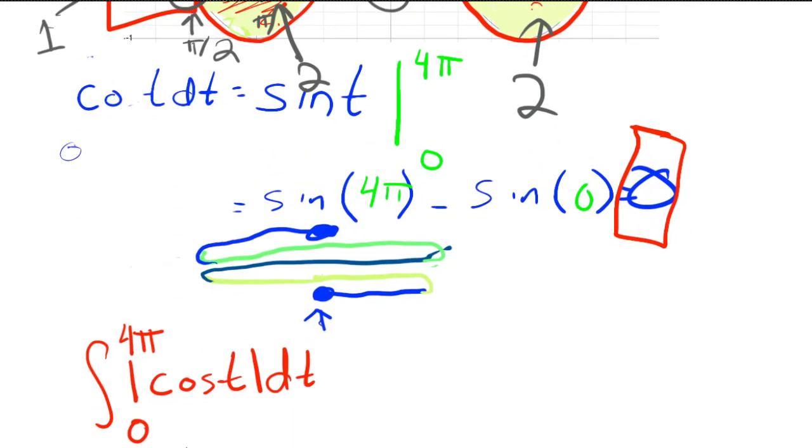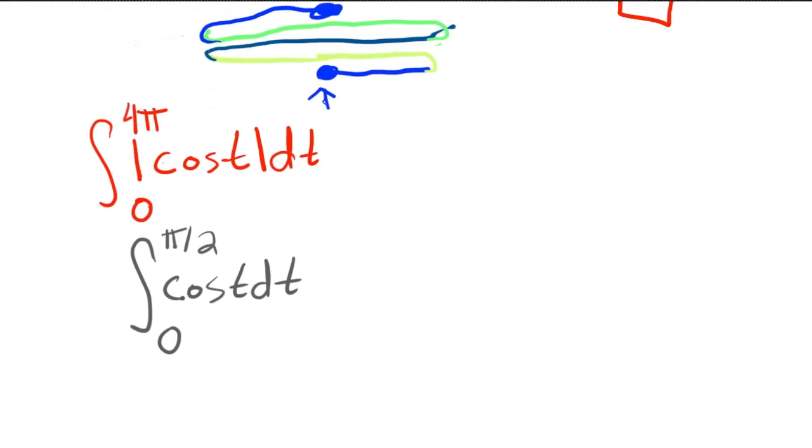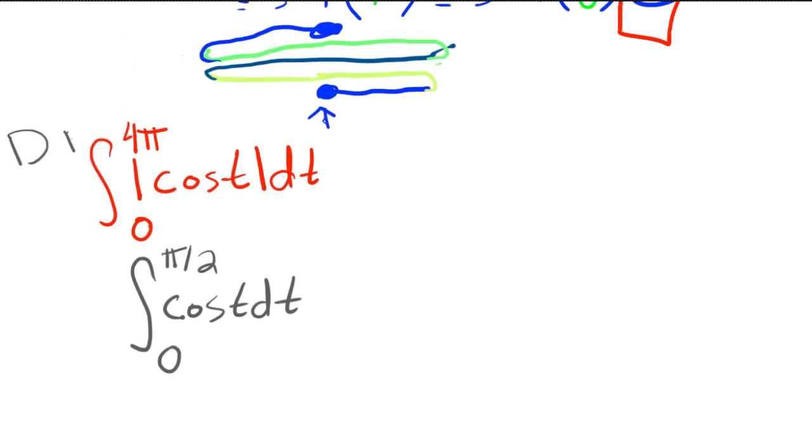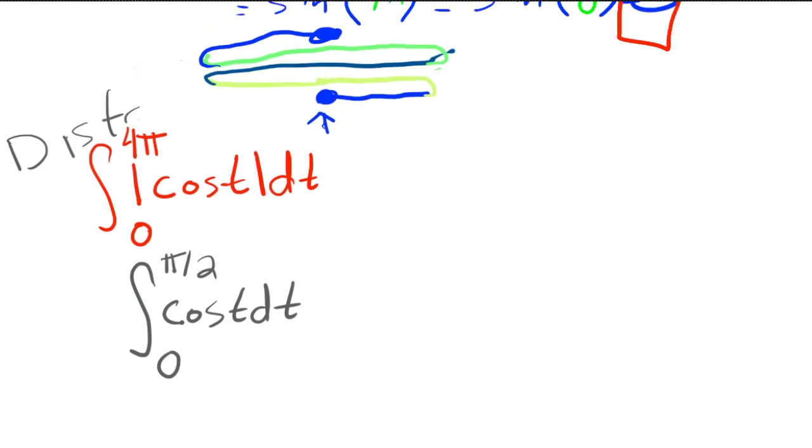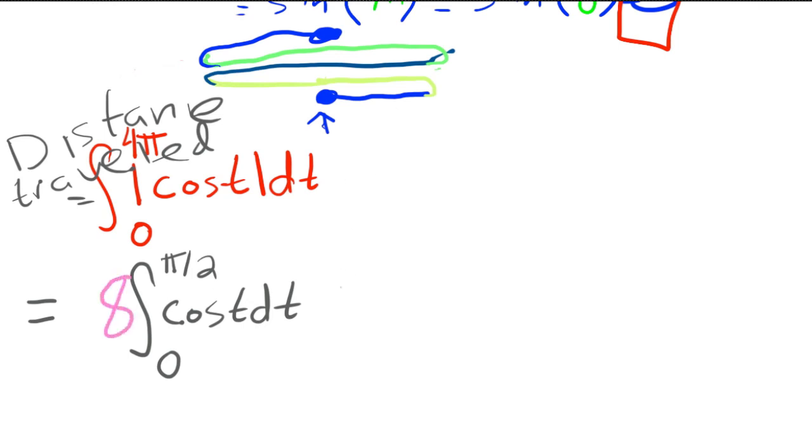So the distance traveled is equal to 8 times this, and this would be the easiest way to do it instead of breaking it up into a bunch of different stuff. So let's try that.